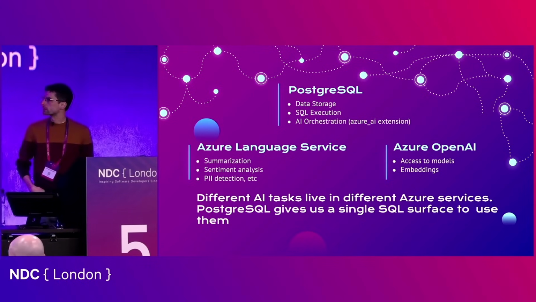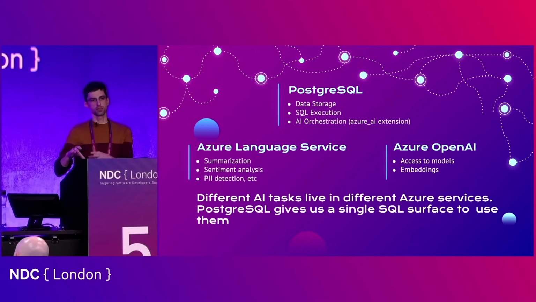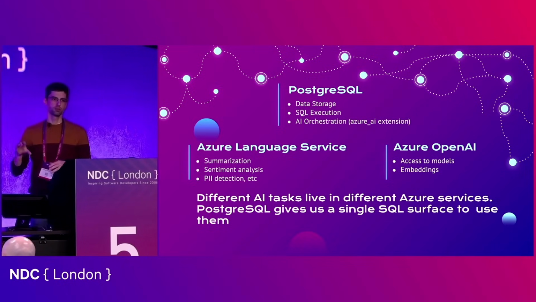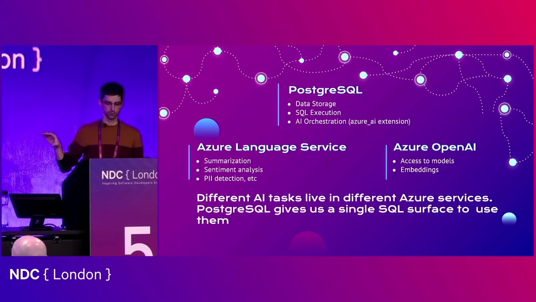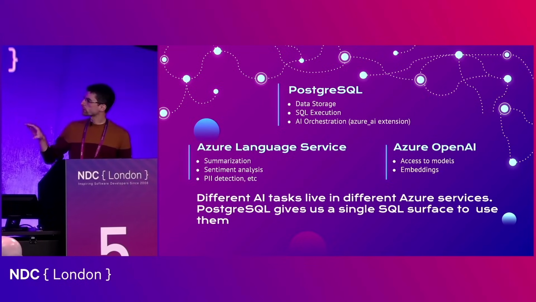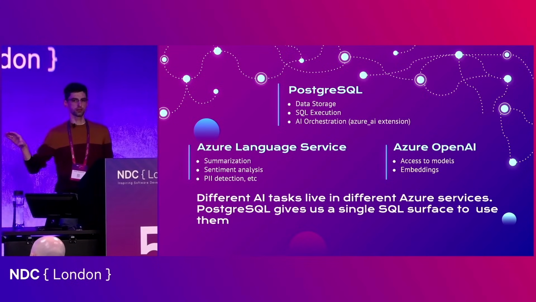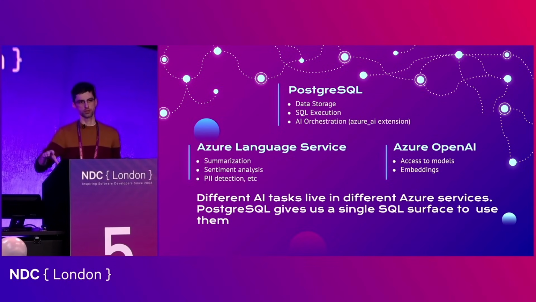So the important thing to remember is that the AI does not run on the database side. The database only contains the data, but it allows us to make calls to different services. So we orchestrate the process from the database side, but we don't run the actual models in the PostgreSQL database.